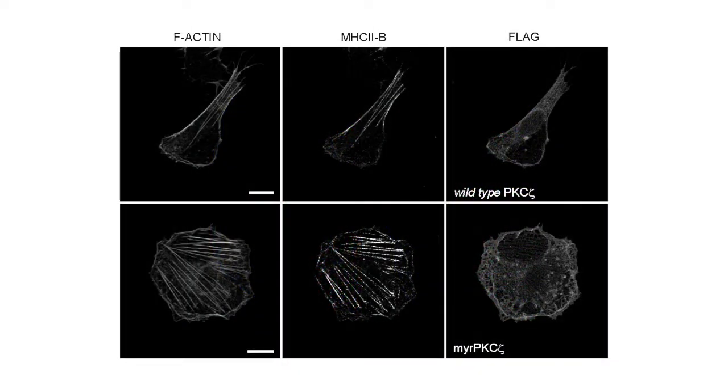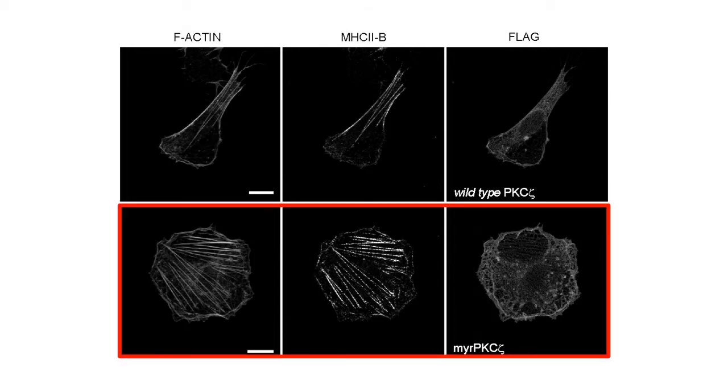Protein kinase C-zeta has previously been shown to regulate cell polarization upstream of myosin II-B, and Juanes-Garcia et al. found that expressing a constitutively active version of this kinase caused mesenchymal cells to depolarize.